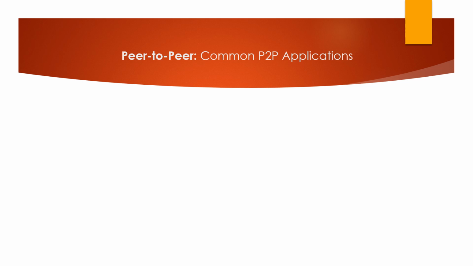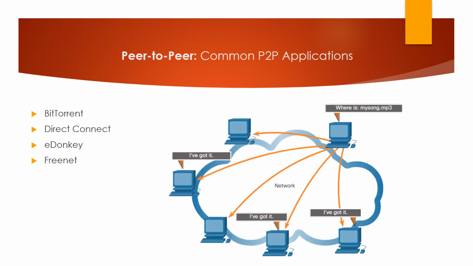Common peer-to-peer networks include BitTorrent, Direct Connect, eDonkey, and Freenet. Some peer-to-peer applications are based on the Gnutella protocol, where each user shares whole files with other users, and this is shown even in this figure, where Gnutella-compatible client software allows users to connect to the Gnutella services over the internet and to locate and access resources shared by other Gnutella peers.